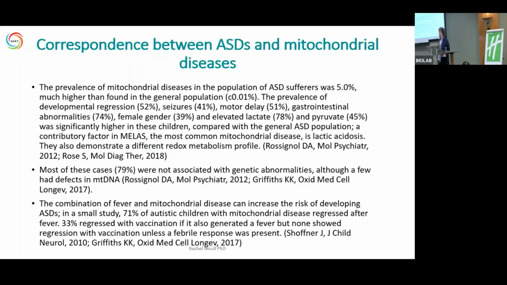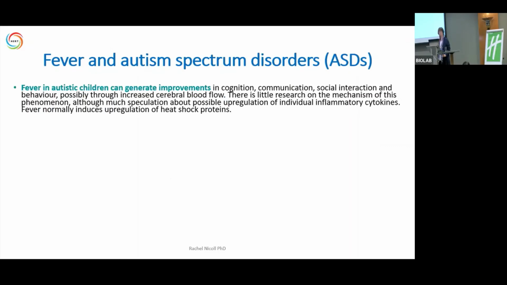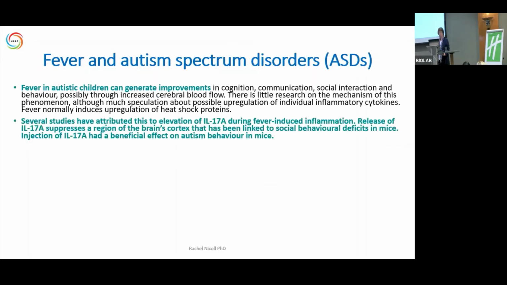Now I'm going to talk about fever, because interestingly, in autistic children, fever can generate improvements in cognition, in behavior, in communication. And for a long time, nobody knew why. But now, studies are attributing it to elevation of IL-17A during fever-induced inflammation. And release of IL-17A suppresses the region of the brain's cortex that's linked to social behavioral deficits, at least in mice.